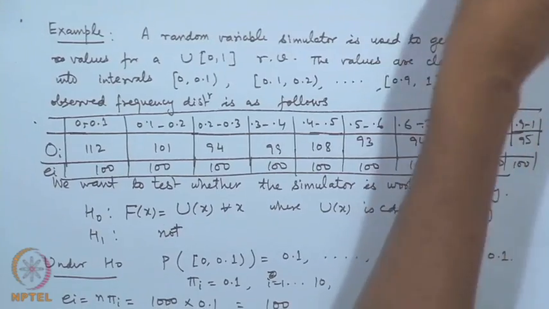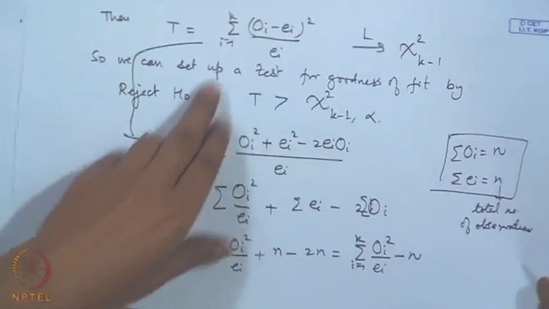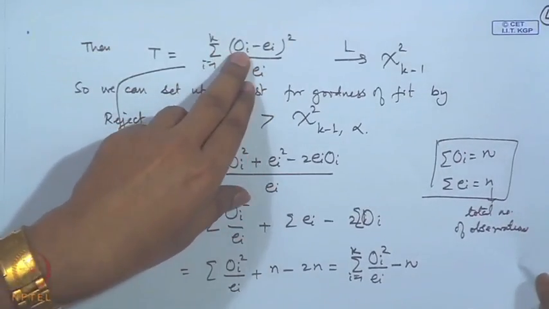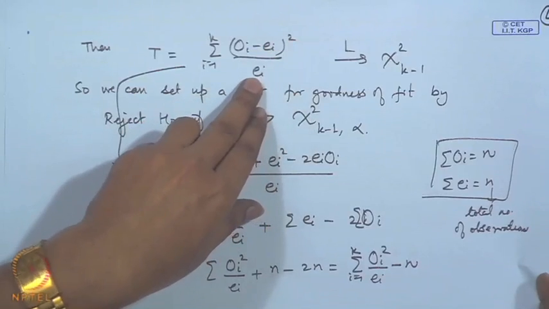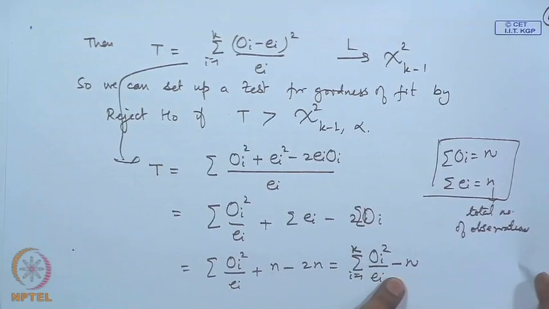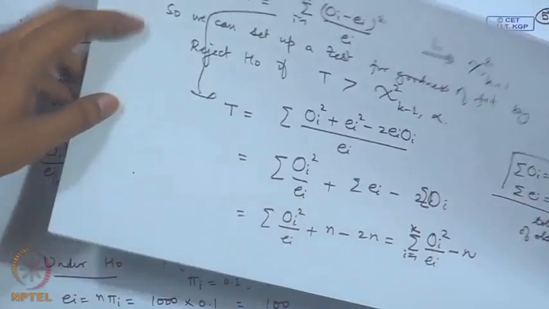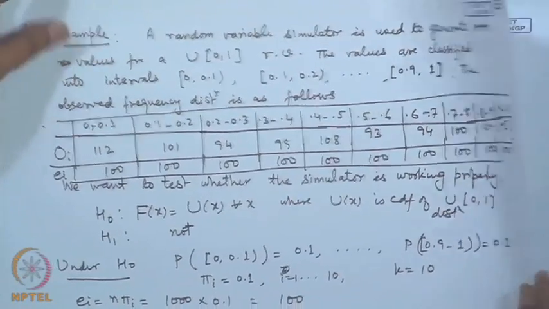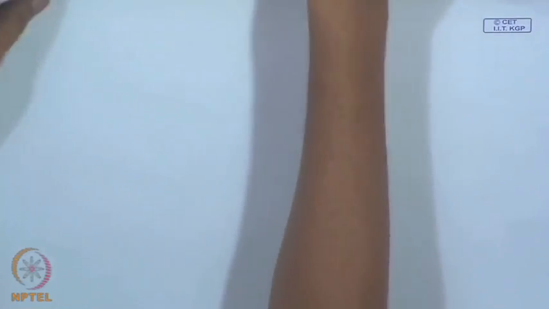So, if we want to apply this chi-square test, I need to calculate sigma (Oi minus Ei) square by Ei, or I can also calculate sigma Oi square by Ei minus n. These things are not difficult now.